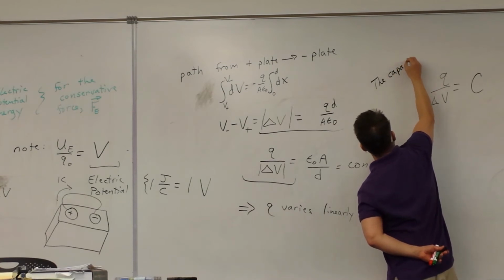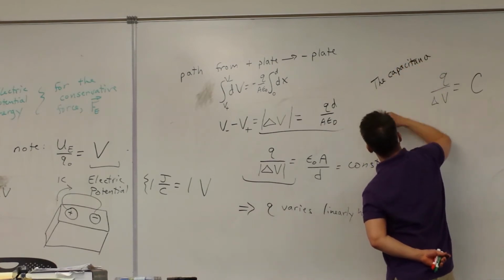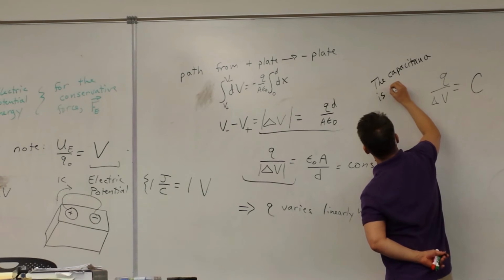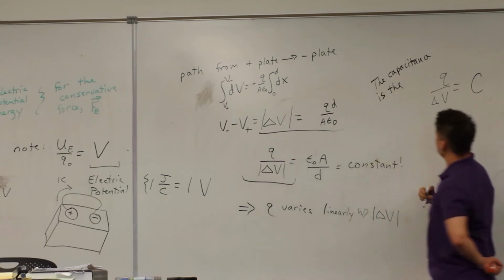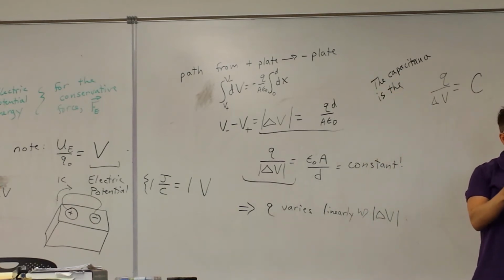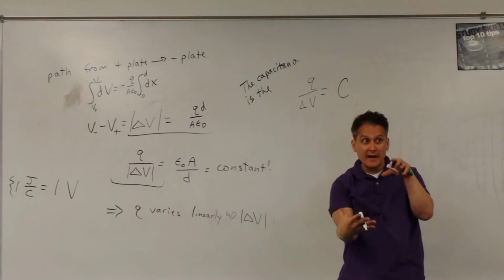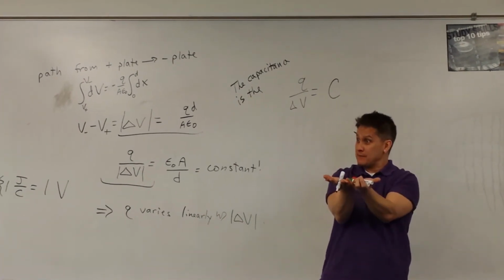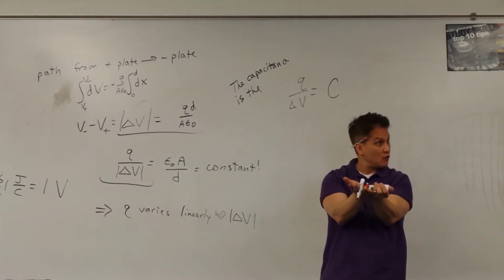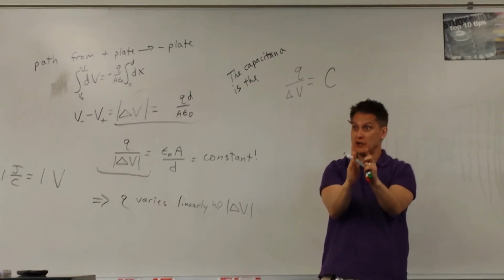And the capacitance is really the physical property due to the interaction between these conductors. It depends on where they are, it depends on their size, and it'll even depend on their geometry at a more complicated level, but at least for these two parallel conductors.